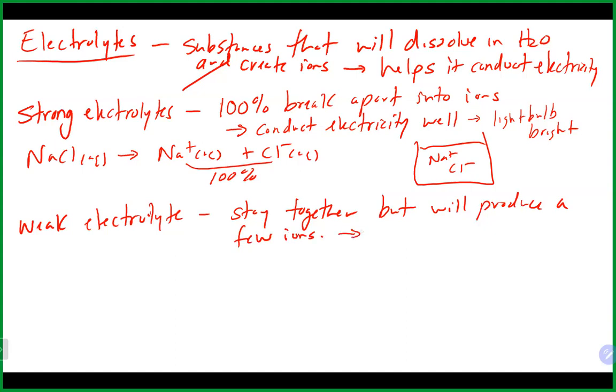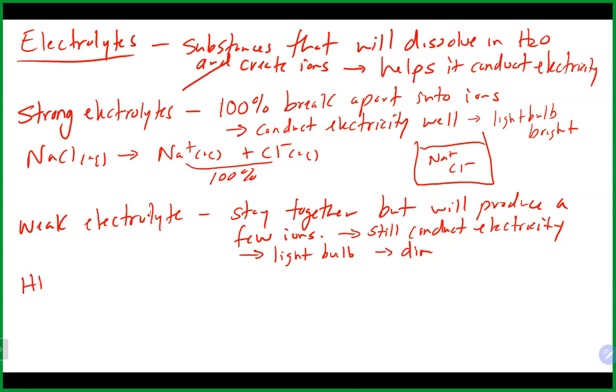And that means it could still conduct electricity because there's still a few ions. So it still can conduct electricity. In terms of the light bulb example, it would come on, but it would be very dim. So it would come on, but not conducting as much electricity.